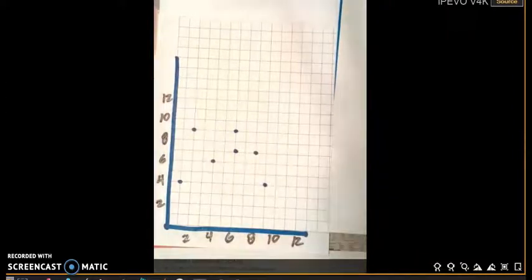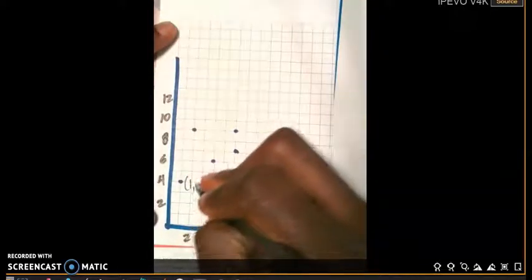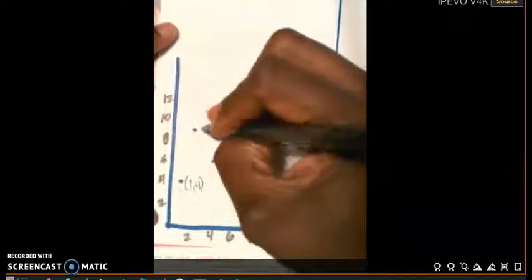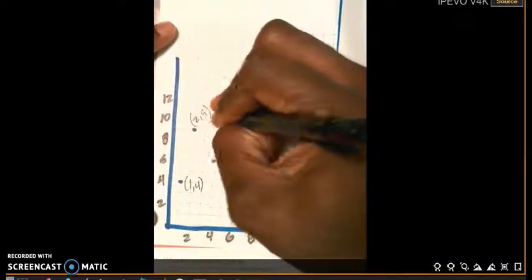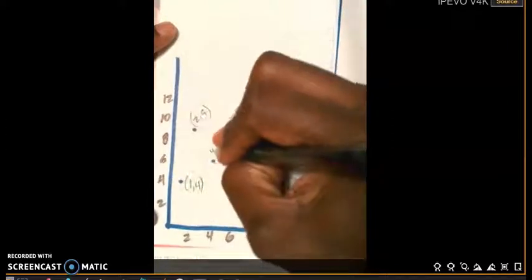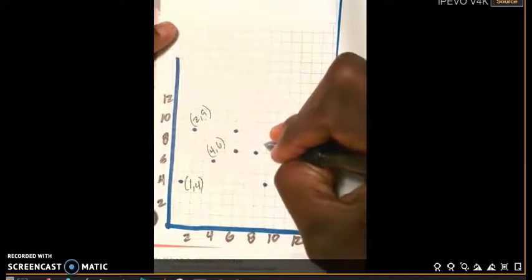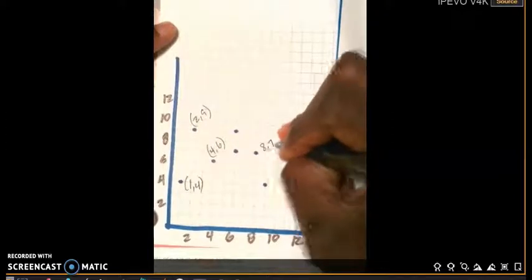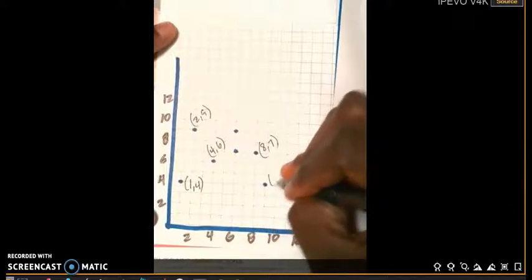And let's prove that. I'm going to prove that by telling you what these points are. We have 1, 4. I have 2, 9 here. I have 4, 6 here. I'm going to skip these for now. I have 8, 7 here. And then I have 9, 4.